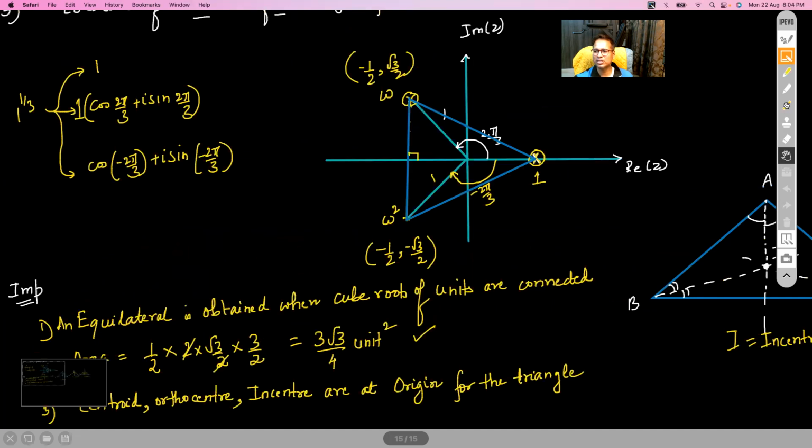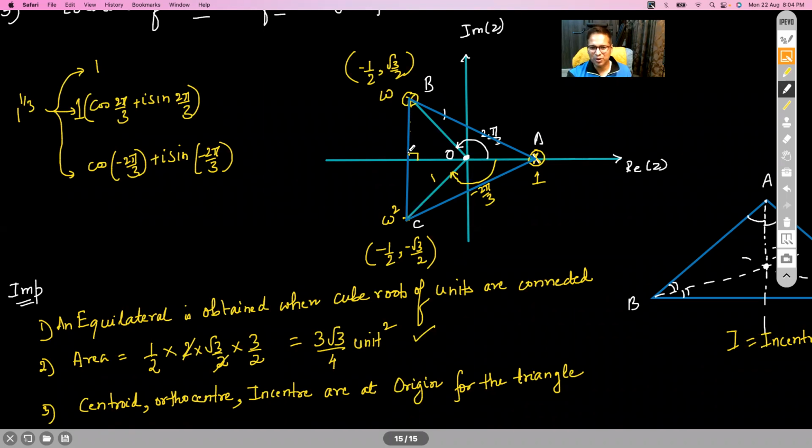So basically what it's trying to say is that this point, the origin, will act like the incenter, orthocenter, centroid of this triangle. Let me name the triangle ABC. And let me tell you, for an equilateral triangle, anyways, the incenter, orthocenter, and centroid are at the very same point, right?